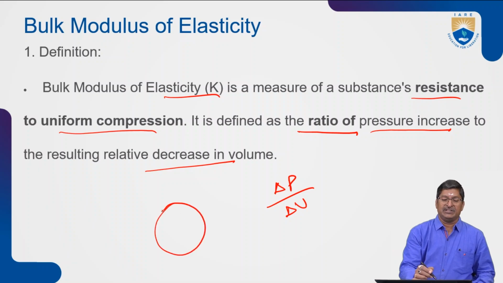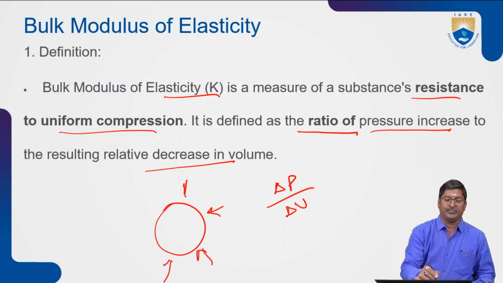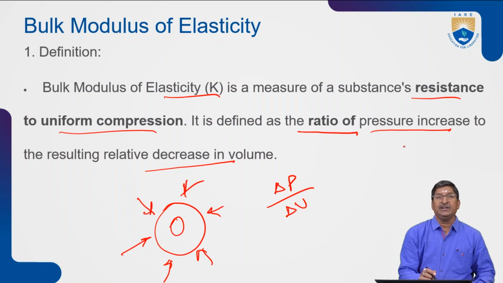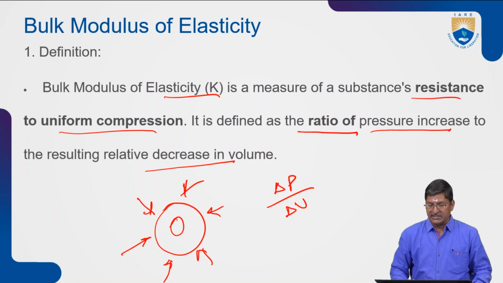If a liquid is there and you apply some force, it will reduce its volume. How much pressure is applied and how much volume is decreased is the bulk modulus of elasticity.